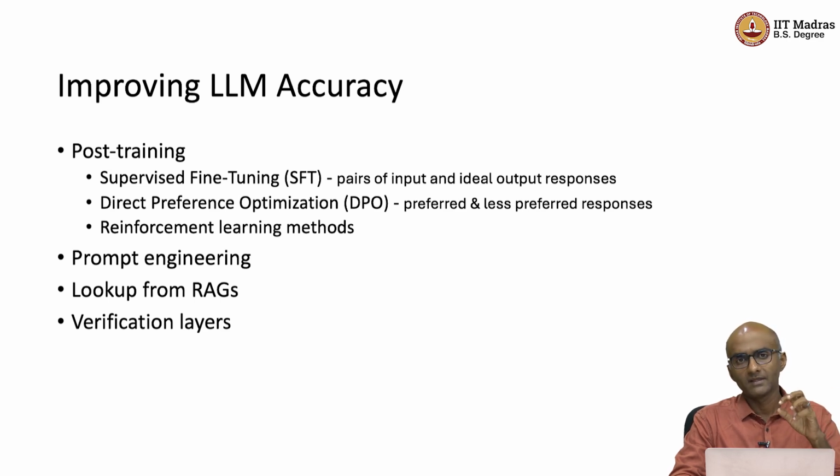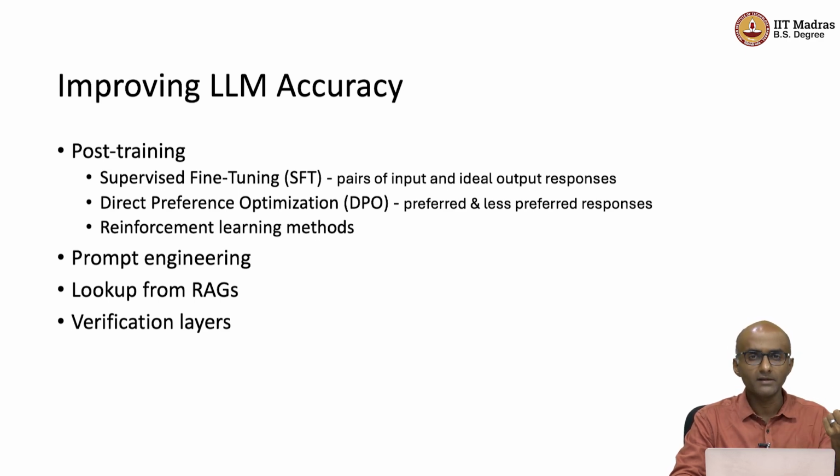Here I'm giving small numbers of pairs of input output responses, right, which are ideal. So this gives a very good anchor for the LLM to train itself further on and use as context for answering your questions. For instance, for the iris example, we already saw what the instruction to the system was, which is classify the flower into one of these 3 types.